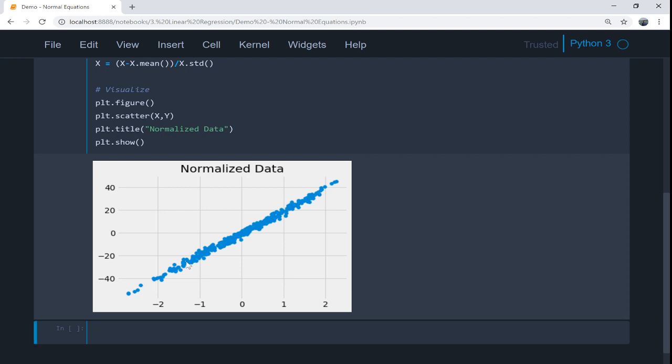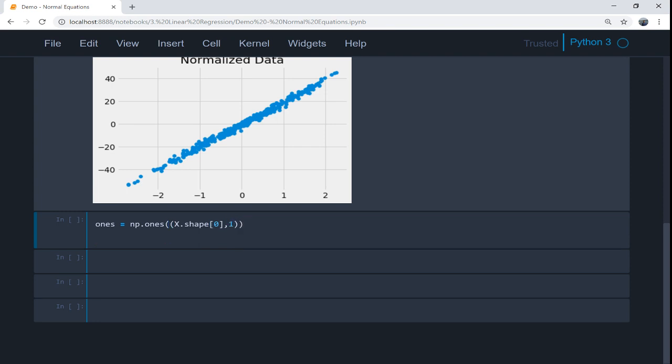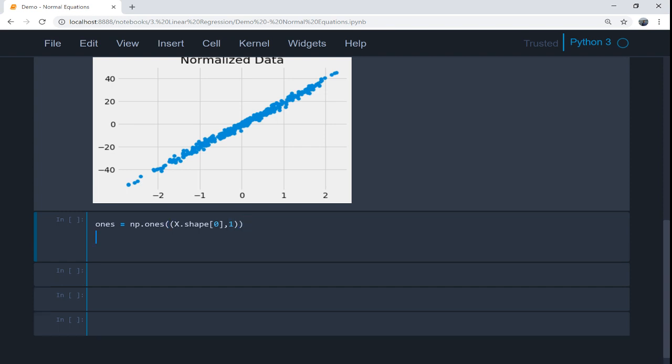So let us append some ones to our x matrix. I'm going to create one column of ones: ones is np.ones with x.shape[0], which means the total number of examples, and only one column. Next I'm going to generate x bar, which is my new matrix, stacking these two matrices together, x and ones.